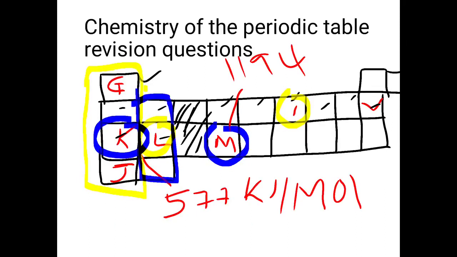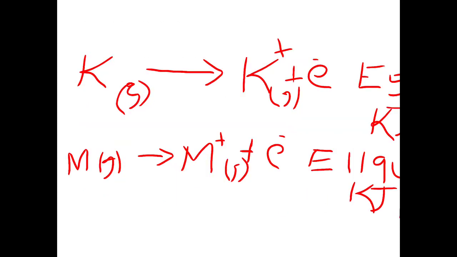And then the next question is, explain the difference in the melting point of magnesium and sodium. When we explain the difference in the melting and boiling point of elements in the same period, remember that both sodium and magnesium are in period 3.